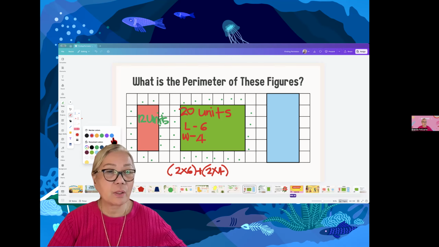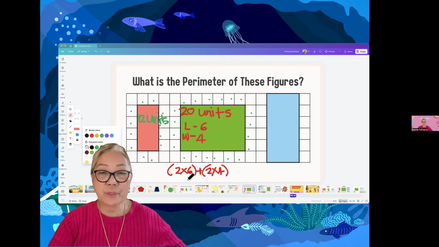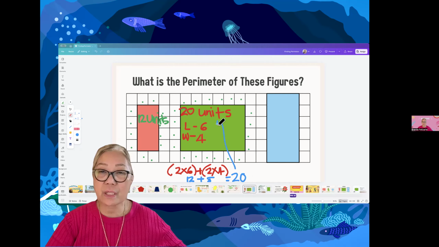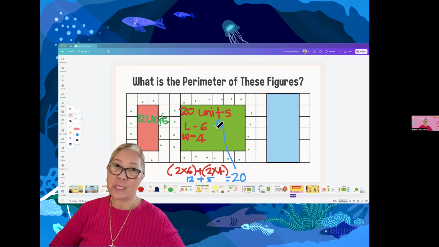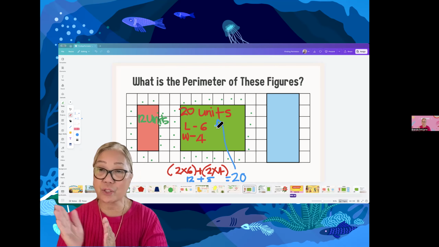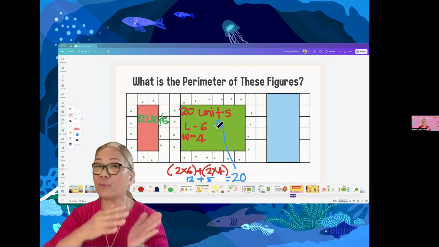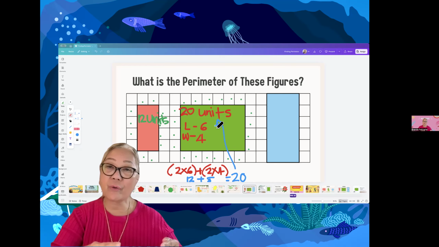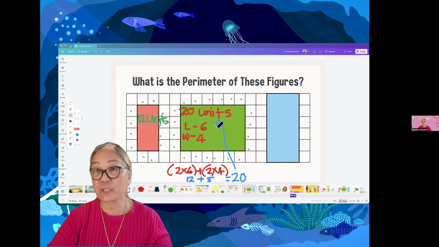Now add. 2 times 6 is 12 plus 2 times 4 is 8. And that is also equal to 20. So they are just the same, 20 units. Okay? So that is if you're going to introduce 2L plus 2W, which is the formula really for finding the perimeter. But for a beginner, you can just let them count around or add all the measurements of the sides.